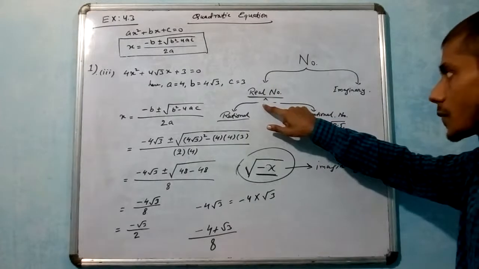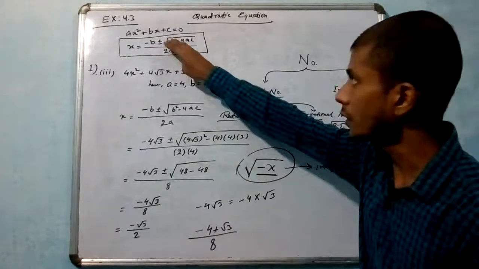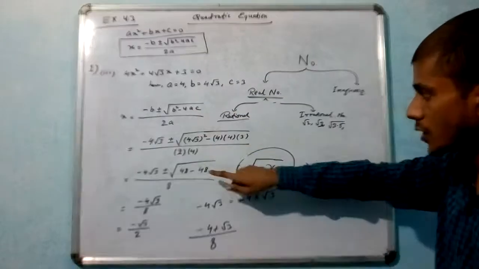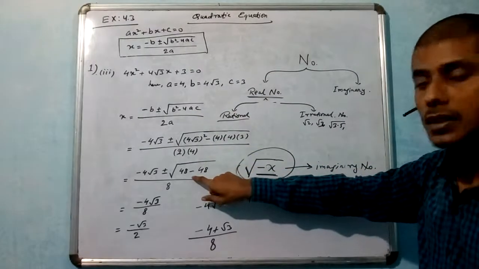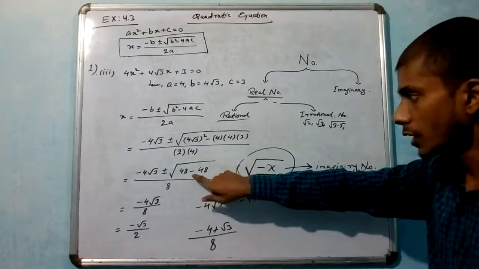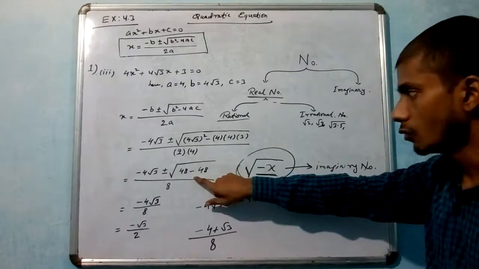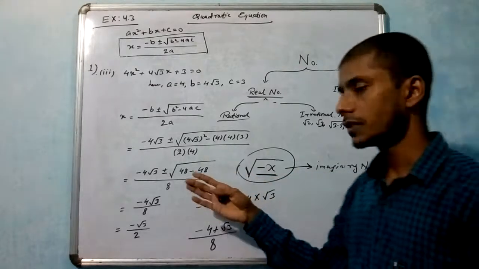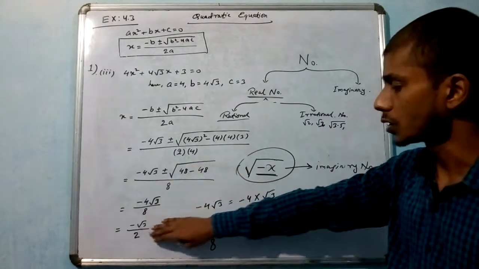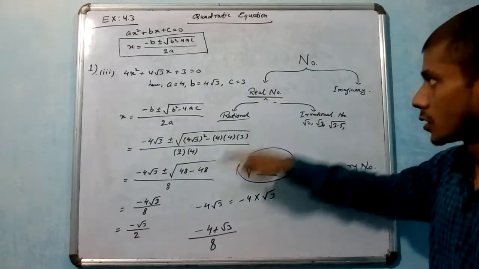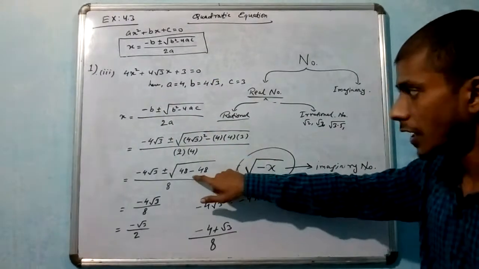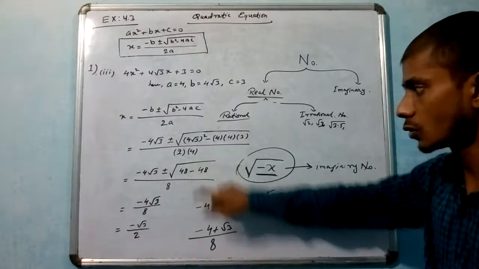But while solving a quadratic equation, sometimes we will see that the discriminant value b square minus 4ac may come negative. When this part comes negative, then we say that we cannot solve it further, and there are no real roots of the given quadratic equation if the discriminant value comes negative, lesser than 0.